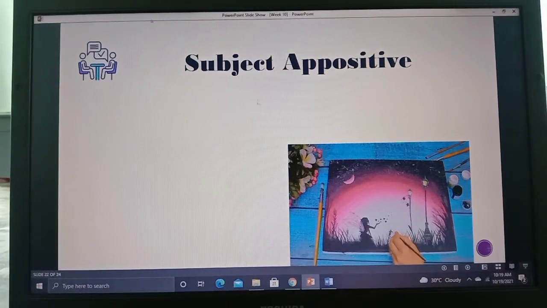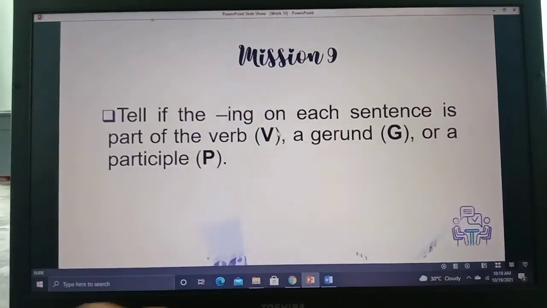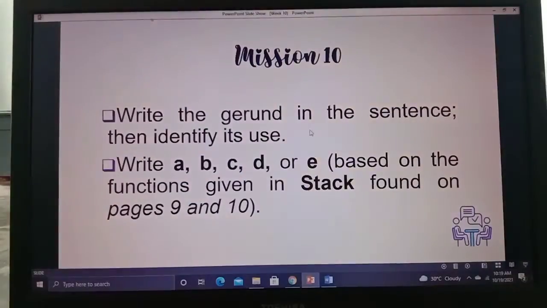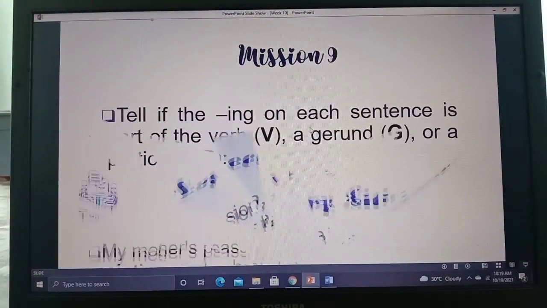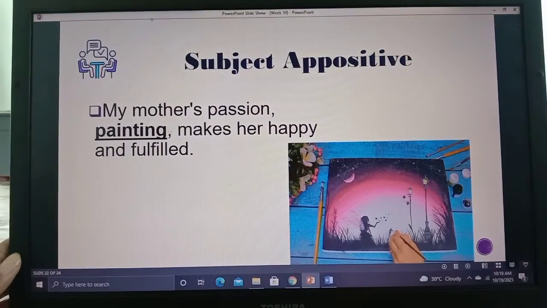Next, last na to sa gerund. It can also function as a subject appositive. Ito yung tinutukoy. Ang example nito ay, my mother's passion, painting, makes her happy.